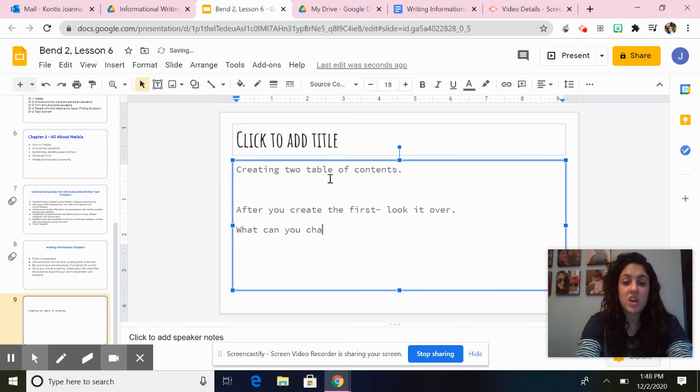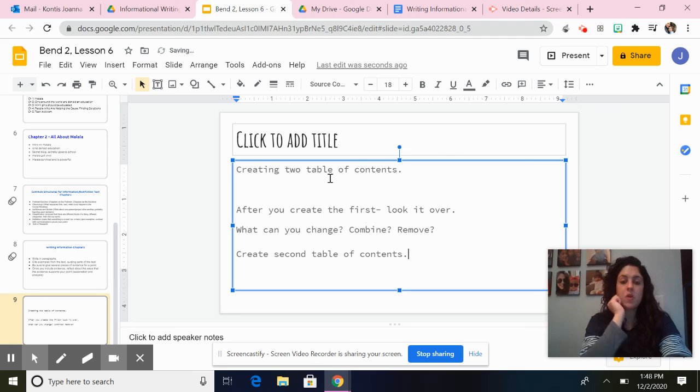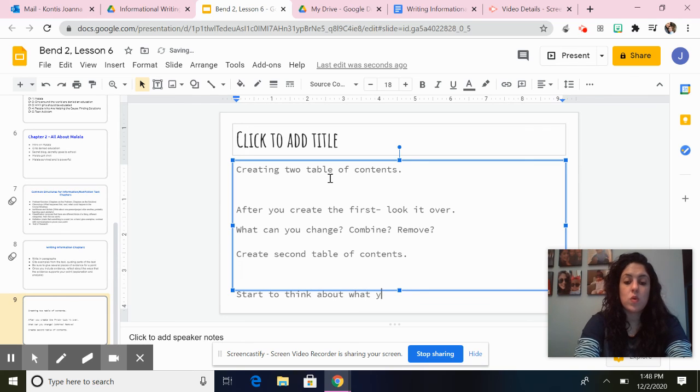What can you change, combine, or remove? Because there may be something that you don't find to be relevant anymore. And then you're going to create a second table of contents. So this is your focus today. And then you're going to start to think about what you want your chapters to look like.